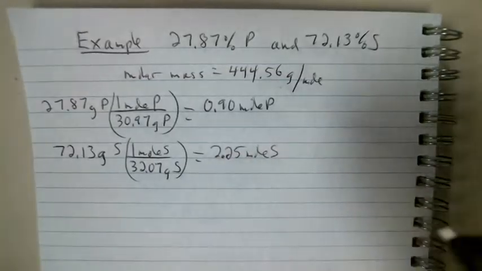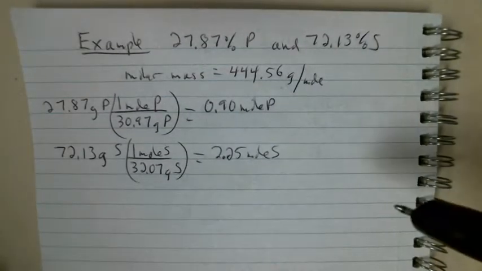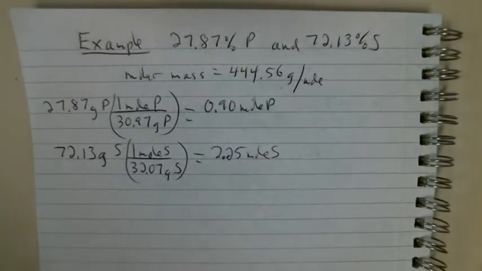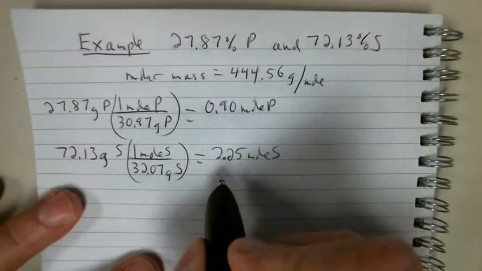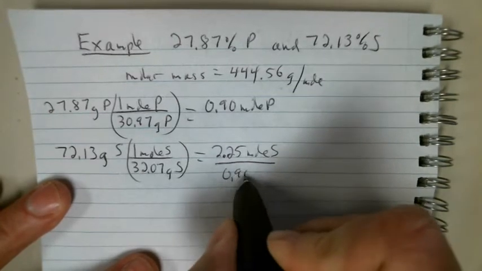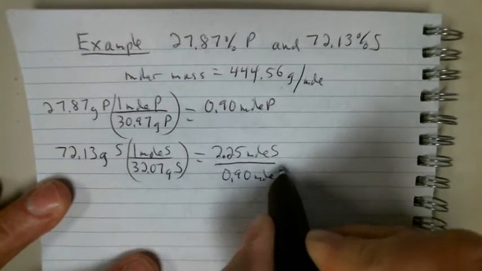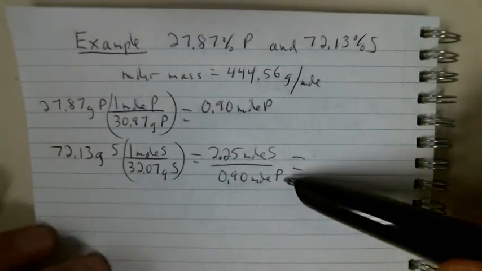So now when you look at it, we're going to take the smallest one and divide it into the larger one, right? You wouldn't have to, after all, it's a ratio of numbers. It's just that most people can handle numbers bigger than 1 better than they can fractions. Your brain can just see it better, because you count with your fingers, not with fractions. So I'm going to take 0.90 moles of phosphorus, and when we do that, we'll have the number of moles of sulfur per mole of phosphorus.